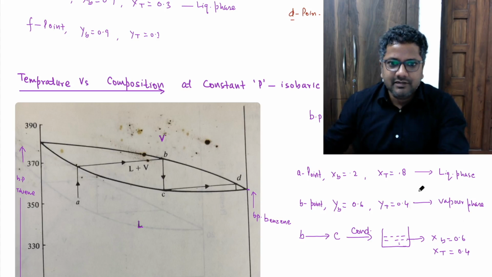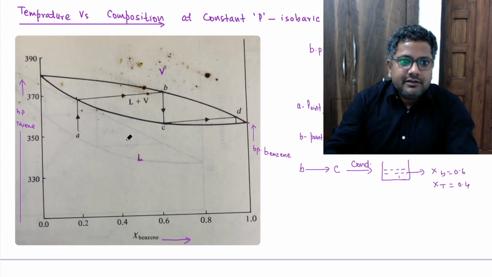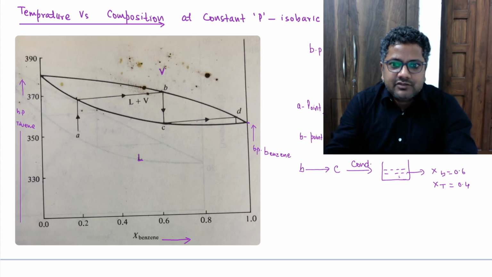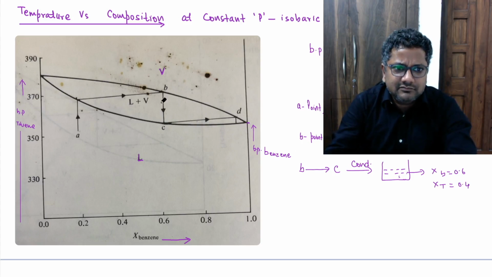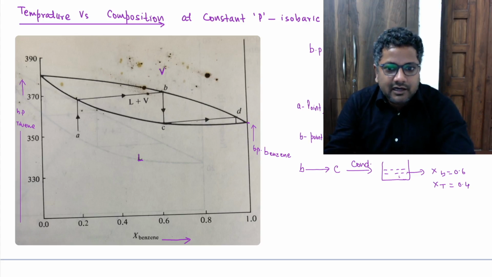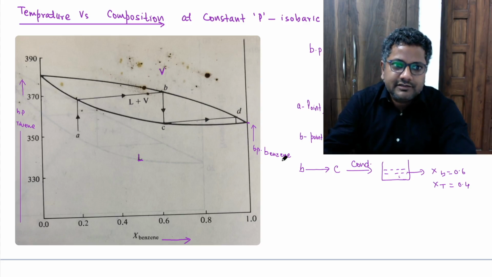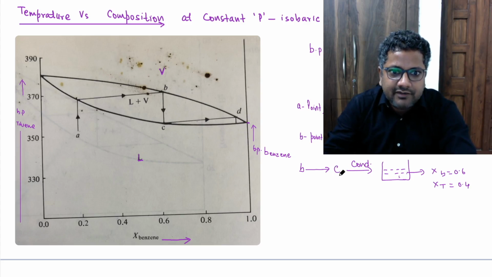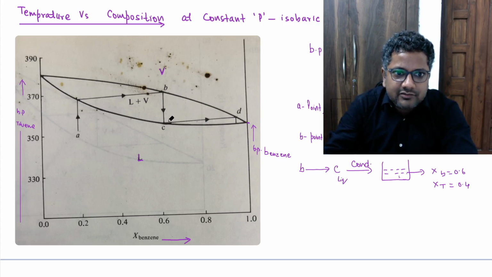Right? Similarly, now the corresponding point in the vapor phase. So liquid phase, now you have the same composition in the vapor phase, and both are same points actually. And also you know that the vapor phase composition and after condensation liquid phase composition is always same, right? So corresponding to this C point, which is in liquid, and B in vapor phase, this D point, which is vapor phase.